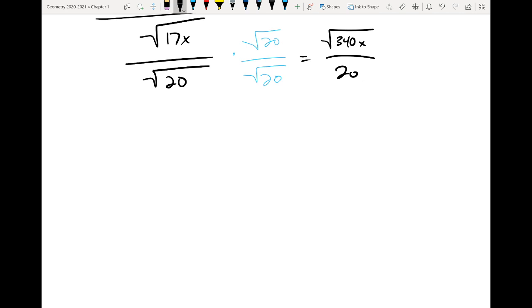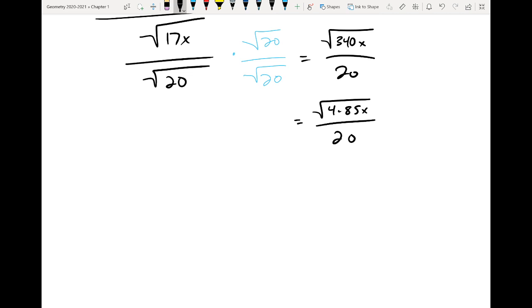And some of you might be satisfied right there. You might be thinking, oh yeah, I'm done, but you're not, okay? Let's see if 340 has any square numbers inside of it. And as it turns out, it does. 4 is a factor of 340, which shouldn't be too much of a stretch of the imagination, right? 4 is going to be a factor of 100, therefore it will be a factor of 300, and 4 will separately be a factor of 40, right?